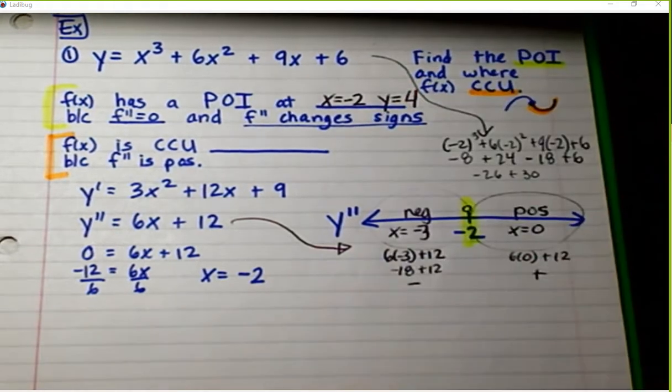Okay, so there's my point. I get x equals -2 and y equals 4.